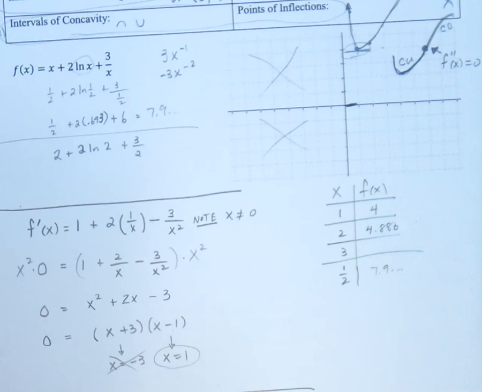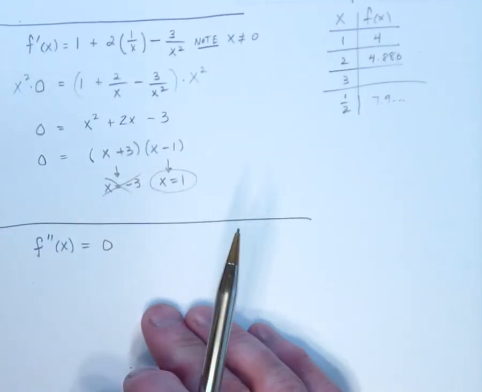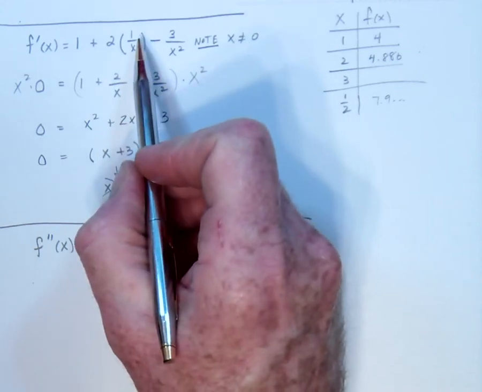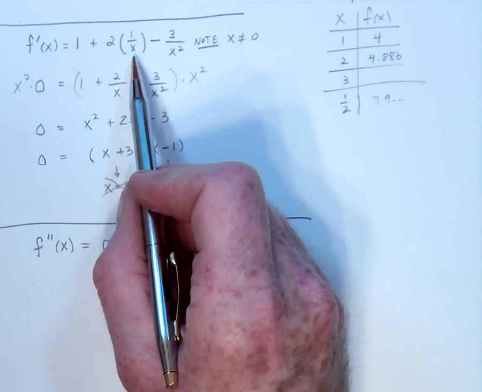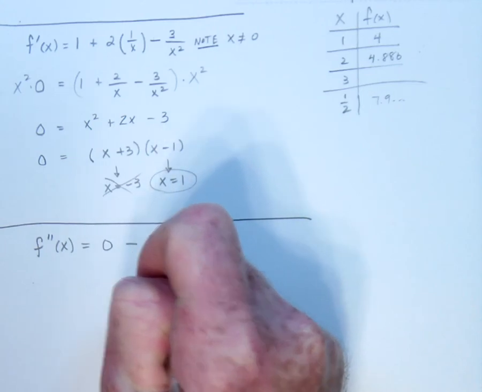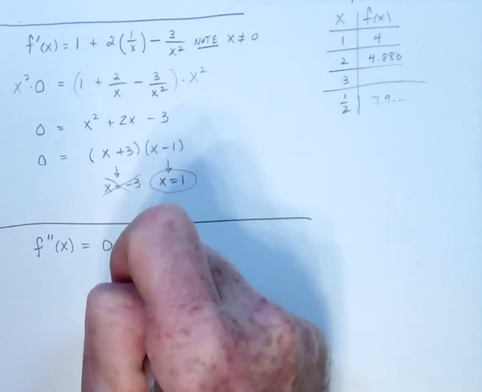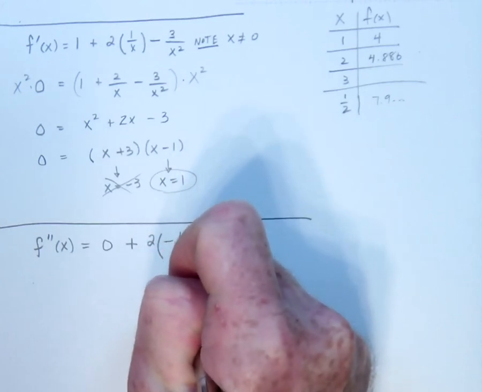So that changes to negative 1 over x squared. That's a derivative that we use so much, I don't even go through that algebra part I just showed up here. Instead, I just remember the derivative of 1 over x is negative 1 over x squared. So it's going to leave the 2 there, and then it's going to be negative 1 over x squared.